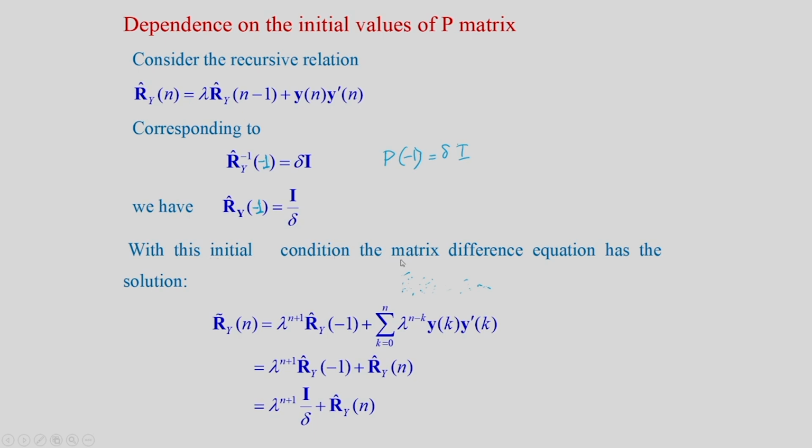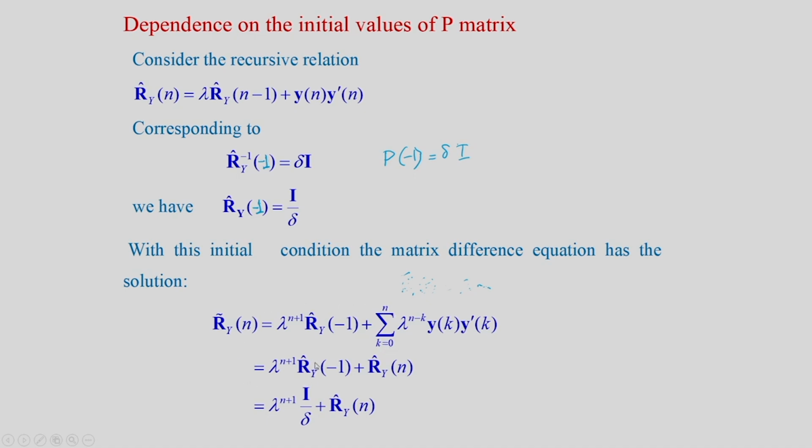With this initial condition, the matrix difference equation corresponding to the recursive estimation of the autocorrelation function has the solution R tilde n, because we are assuming this initial condition, is equal to lambda to the power n plus 1 into Ry hat minus 1, which is the initial condition, plus the summation of lambda to the power n minus k into yk yk transpose, k going from 0 to n.